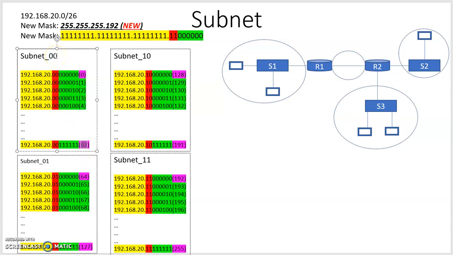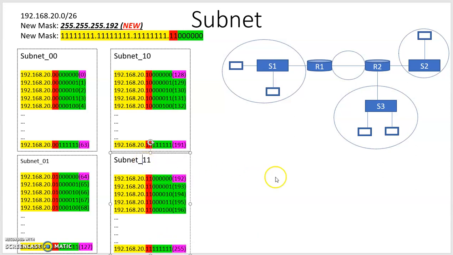For subnet 01, 64 is the subnet address, and 127 is the broadcast address. For subnet 10, 128 is the network address, and 191 is the broadcast address. And lastly, for subnet 11, 192 is the network address, and 255 is the broadcast address.